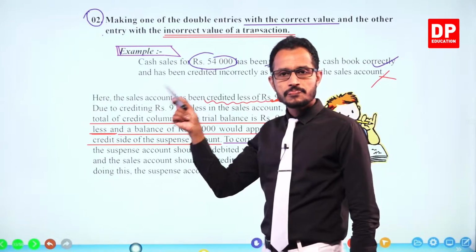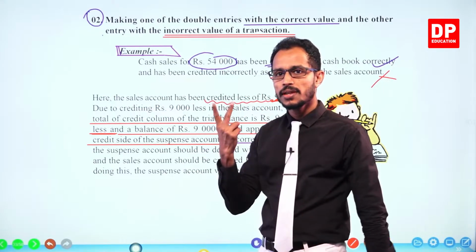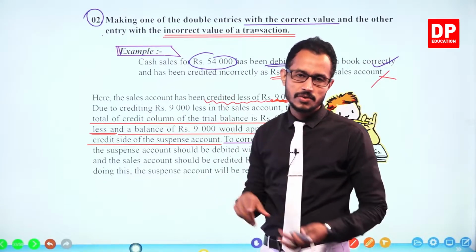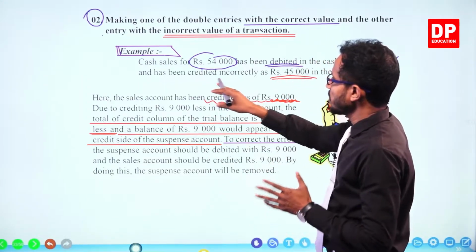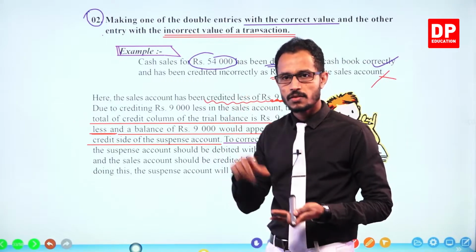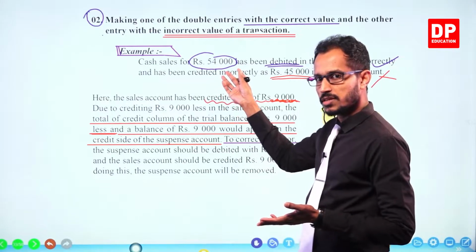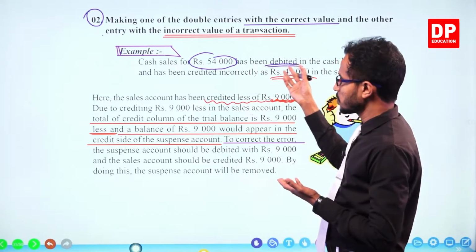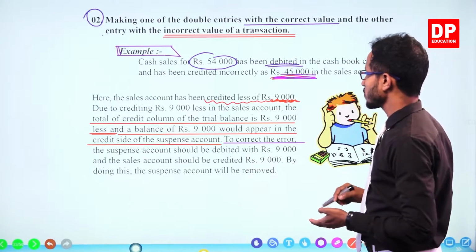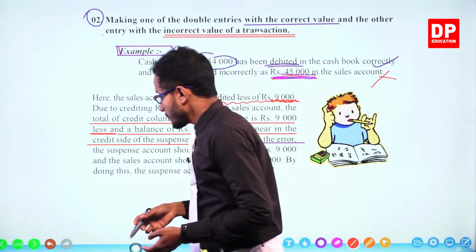Correcting is done by entering a double entry. That is called the rectifying entry or correction entry. So when you correct this error with a double entry, the account which is having the wrong, lesser value will be corrected.